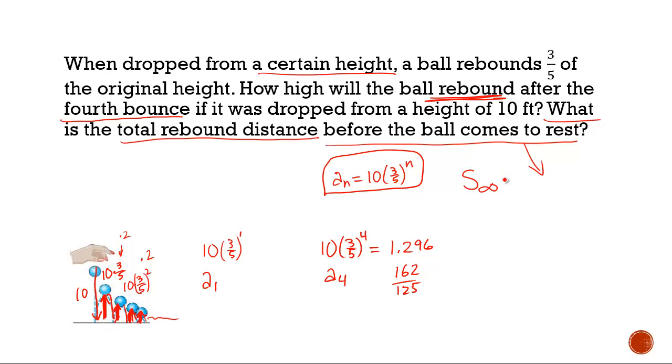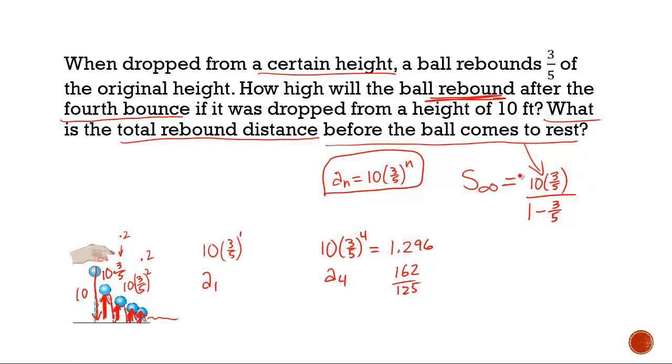So if we put that into the infinity series calculation, that'll be the first term, which is 10 times 3/5 over 1 minus the rate. So that'll find the sum of all these up motions.